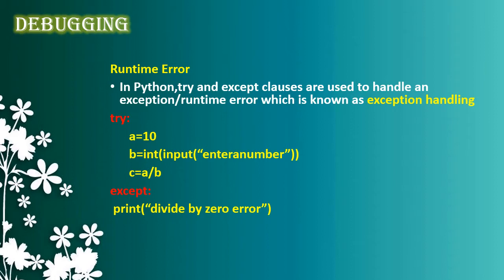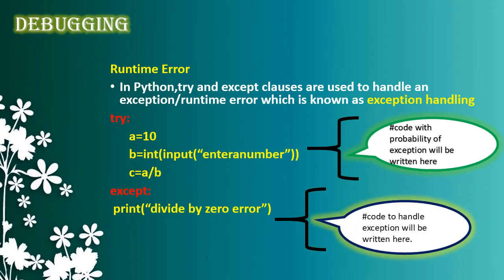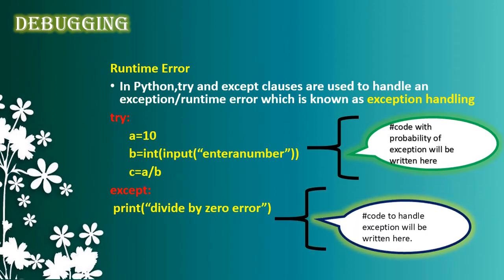Suppose at runtime you give the value 0 to b, the runtime error will occur, so we give one message, it will go to the except part and show the message divided by 0 error. So this exception will be handled in the except part.